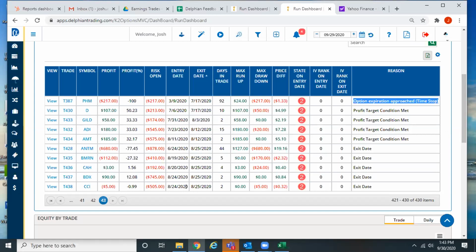Yeah. But we're talking 3,000 trades, so a couple like this isn't really going to be a factor, I would say. Does that make sense?